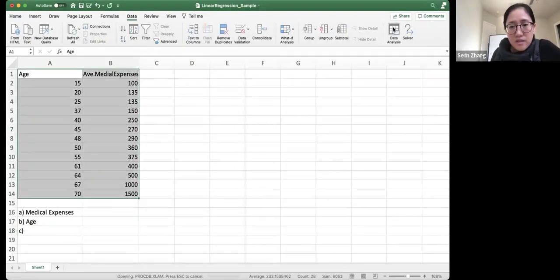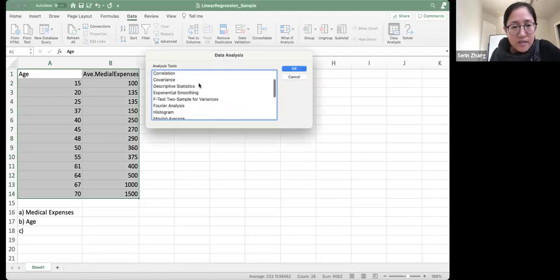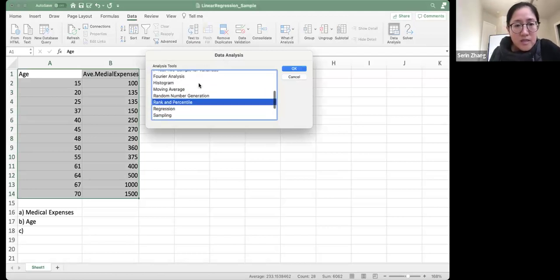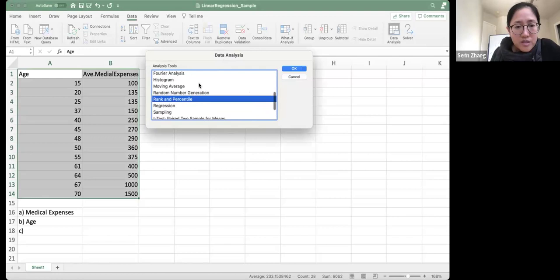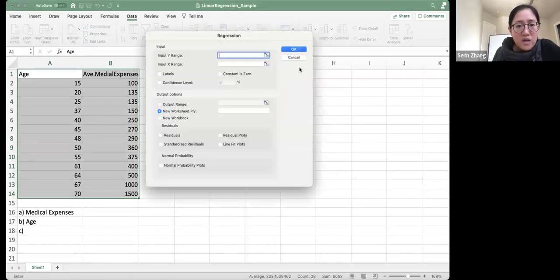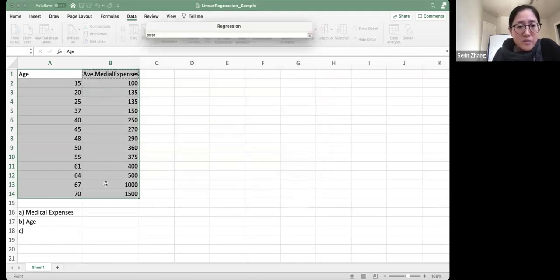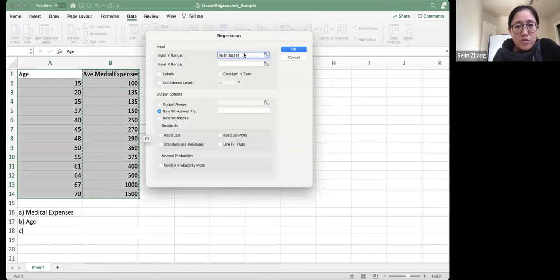Now we can click this Data Analysis and select Regression. Click OK. And input Y range. So the Y is the dependent variable, that's the medical expenses, this one. So put the range. And at the bottom, put the ages.